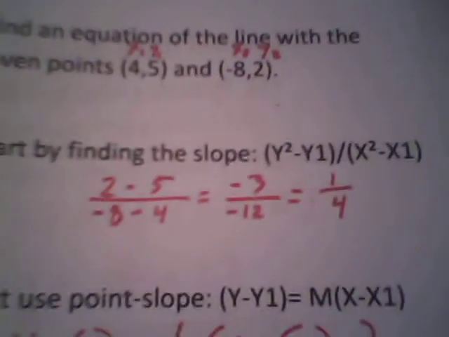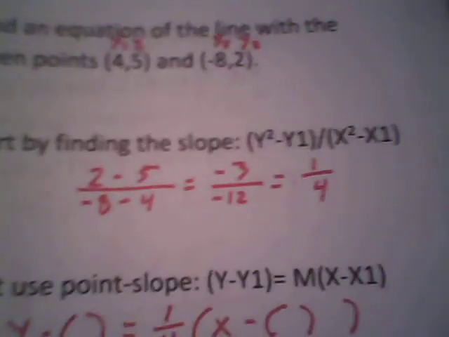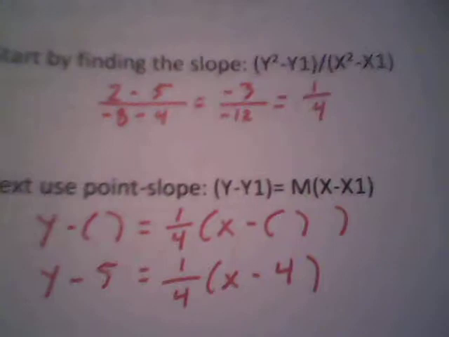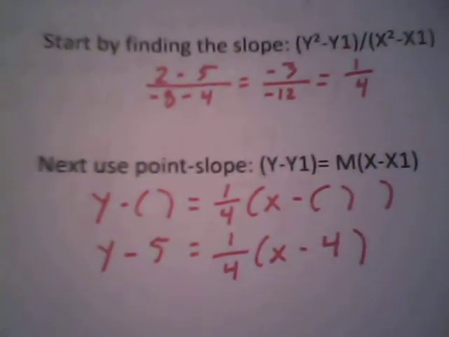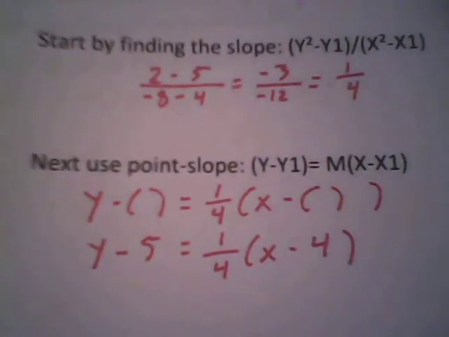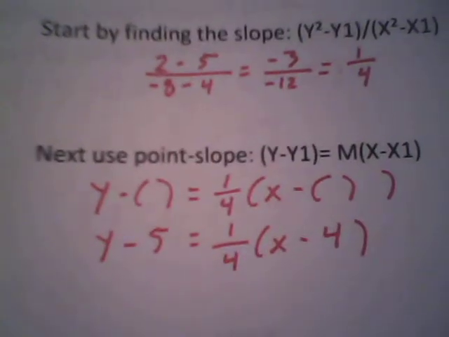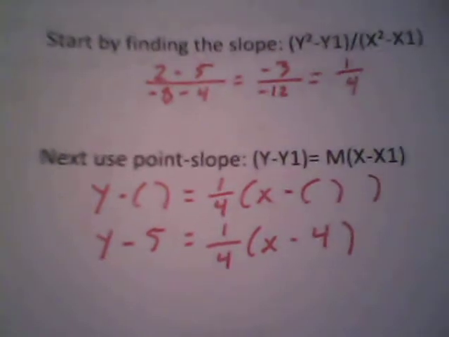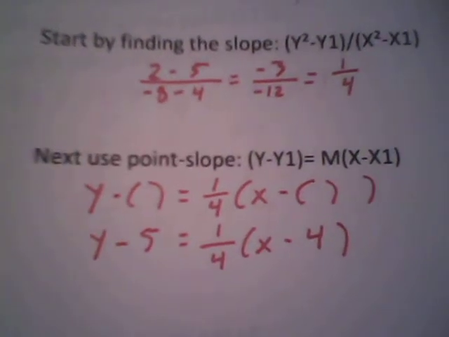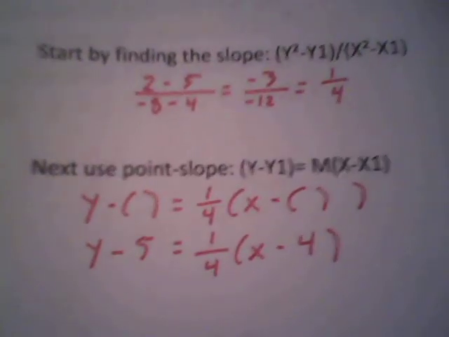After you find the slope, since you're trying to find an equation of the line, you have to use the point slope form. So you use point slope, which is y minus y1 equals m times x minus x1. Notice I've got this written out as y minus parentheses equals 1/4 times x minus parentheses, and then I close my final parentheses.